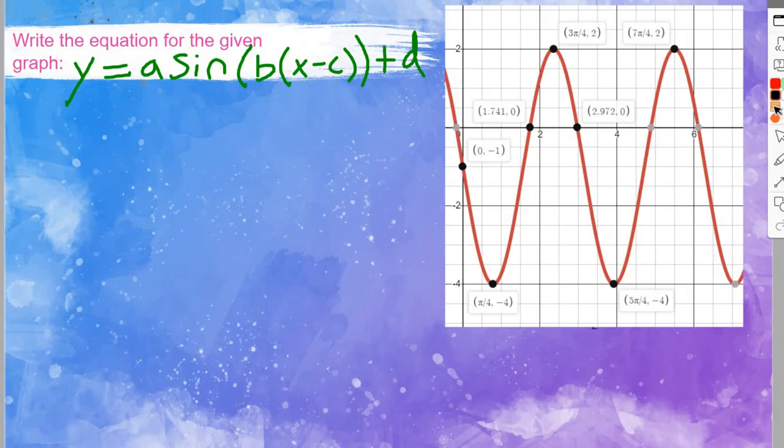Now remember that when we did our graphs, whenever we have a D value, that's kind of like our new midline, or the new middle line for our whole graph. Yes? We treat it like our imaginary x-axis when we have to move it up or down. So the first thing that we want to do is find what the middle of this graph is. How might I do that?